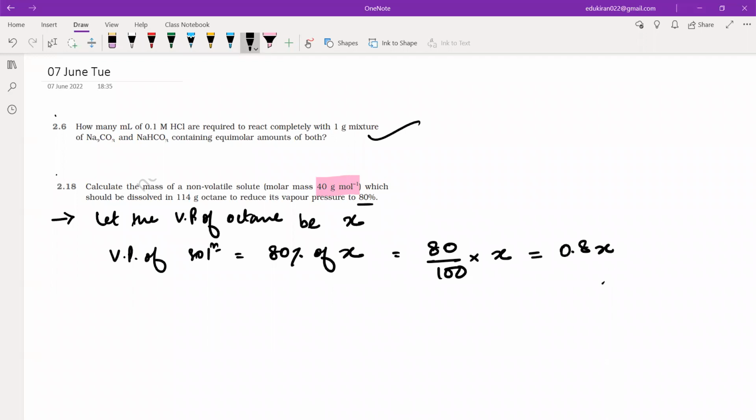Calculate the mass of non-volatile which should be dissolved in 114 gram of octane to reduce its vapor pressure to 80%. Now you tell me what is relative lowering of vapor pressure. Now this is from RLVP. What is the formula for relative lowering of vapor pressure? Samaira, tell me.